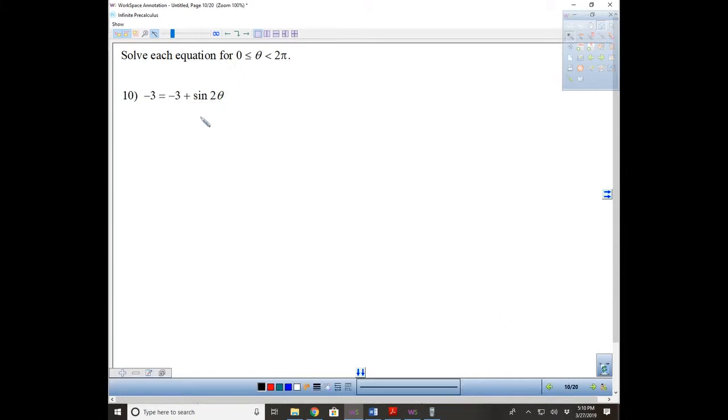All right, so here I'm going to do the same thing. I'm just going to solve for this 2 sine theta. So I add the 3. So I get 0. So sine 2 theta is equal to 0. I'm going to get rid of the sine, so I do the inverse. So I'm looking for angles that have a sine of 0. So I look at my unit circle.